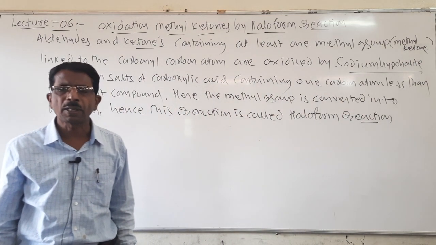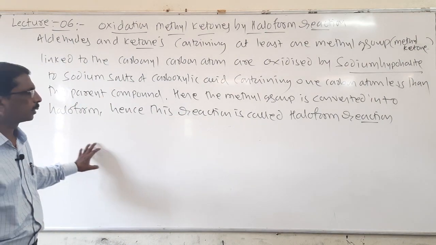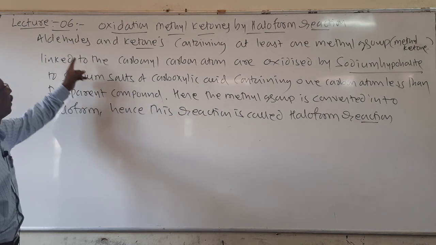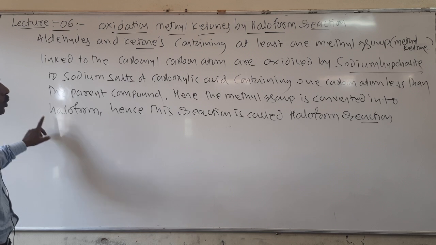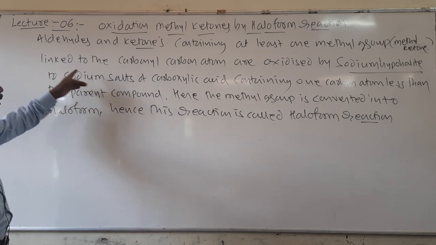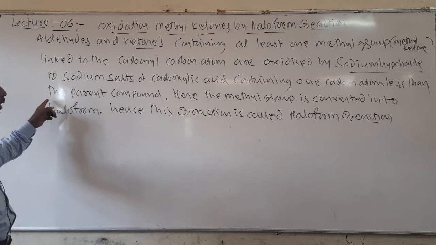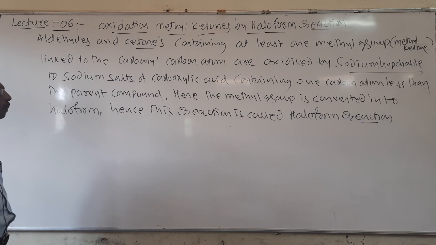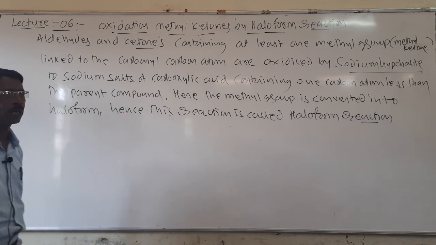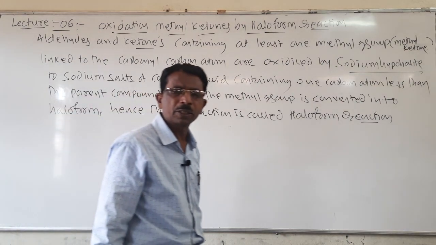Remember, aldehydes and ketones containing at least one methyl group, that is methyl ketone, linked to the carbonyl carbon atom are oxidized by sodium hypohalite to sodium salts of carboxylic acid containing one carbon atom less than the parent compound.